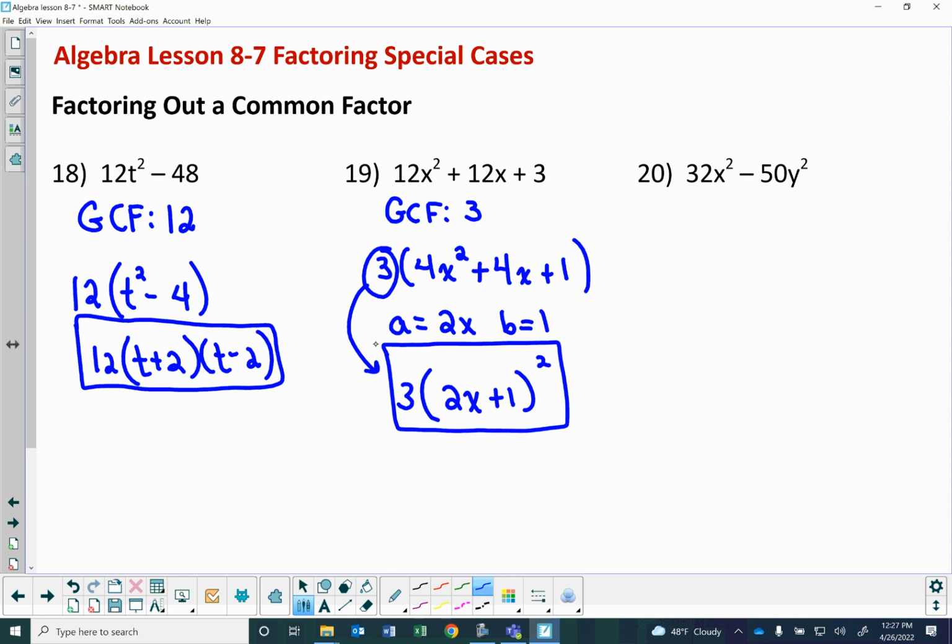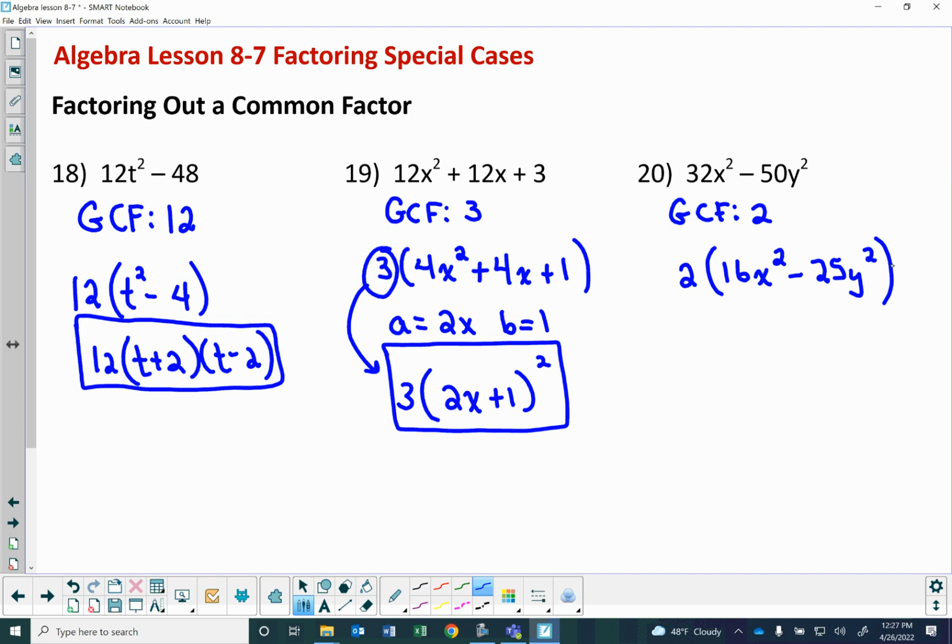Number 20, 32x squared minus 50y squared. I'm thinking GCF of 2 because they're both even. So if I take a 2 out of 32x squared, I am left with 16x squared. If I divide 50y squared by 2, I get 25y squared.